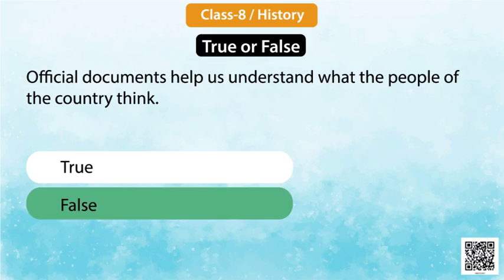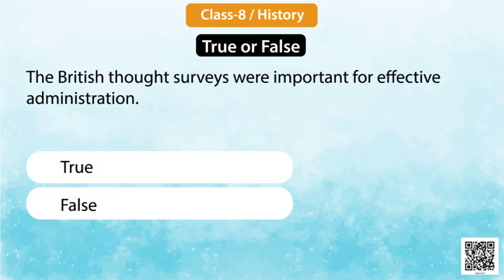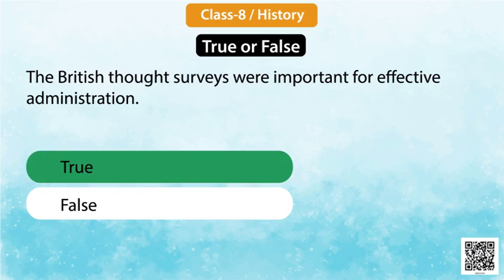This is also wrong, because official documents help us to understand what the officials at that point in time thought. Moving on, the British thought surveys were important for effective administration. Yes, the British believed that surveys were important for effective administration.